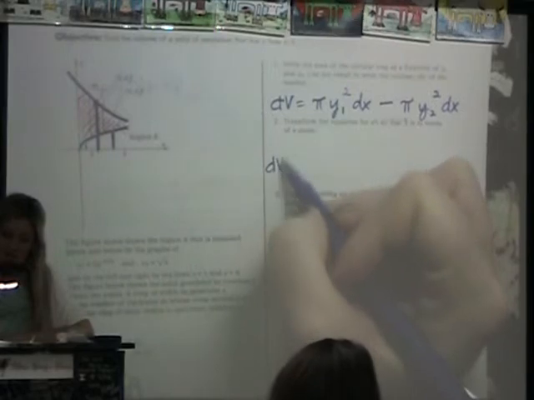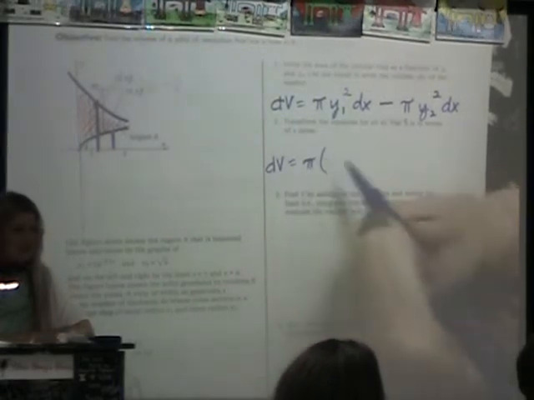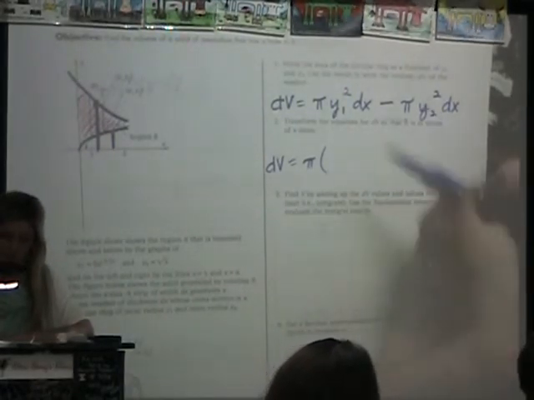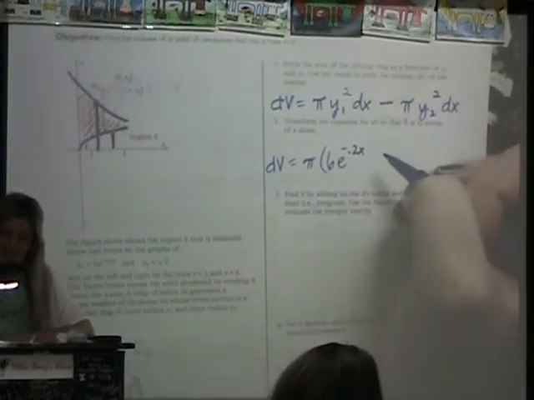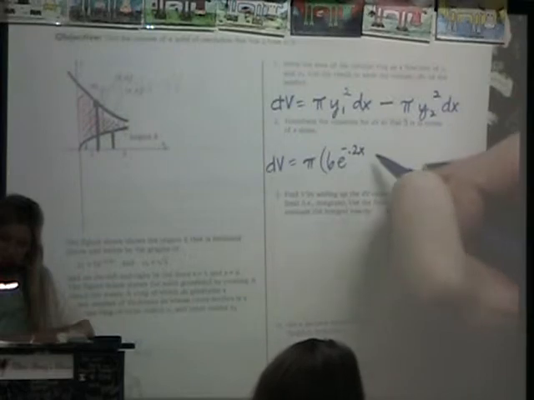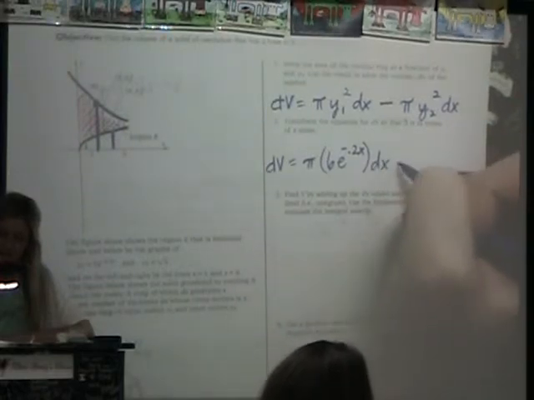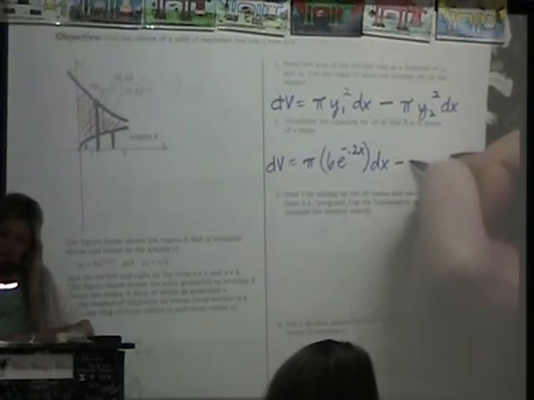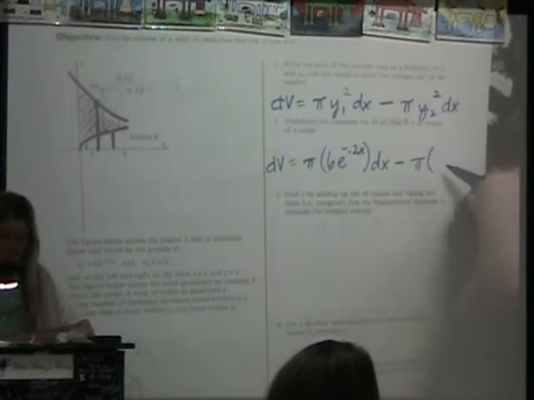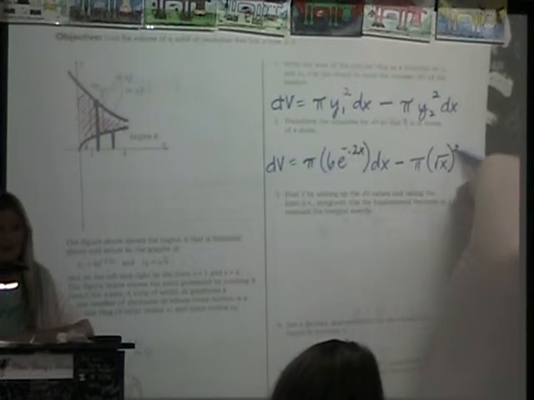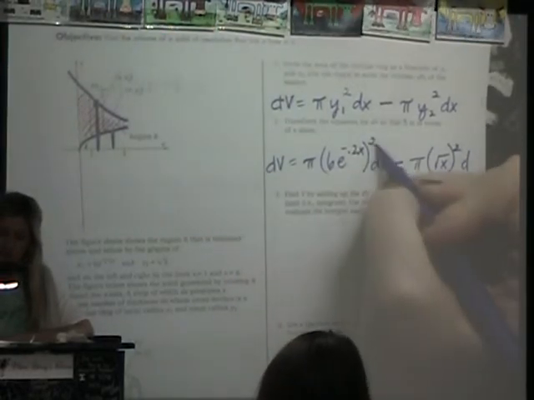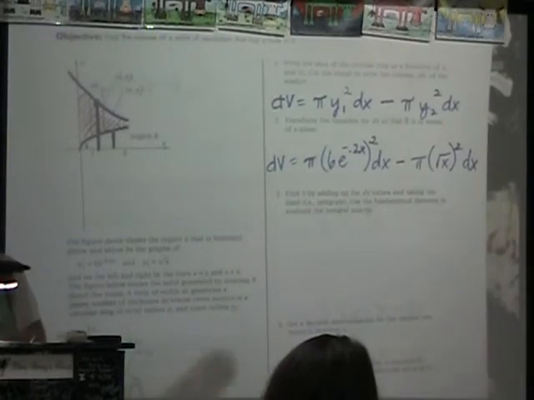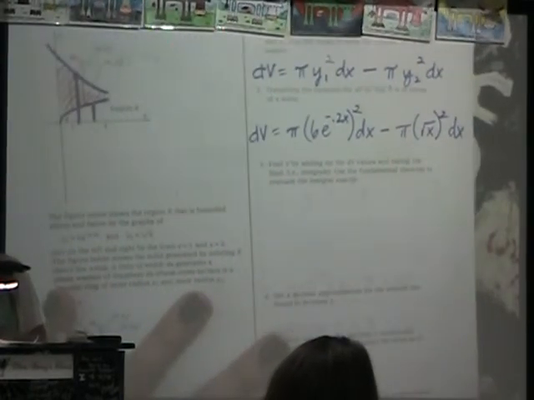And so dv equals pi times, what is the y sub 1 equation again? 6e to the negative 0.2x, dx, minus pi times y sub 2 is just square root of x, and then we're going to square it. Oh, yes, I'm sorry, dx. We have to square both of them. Pi r squared dx.